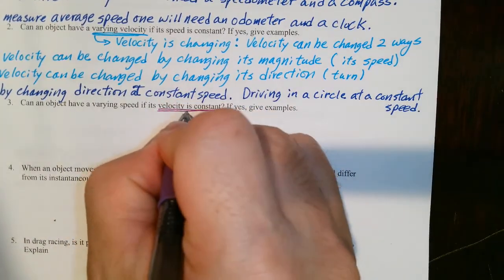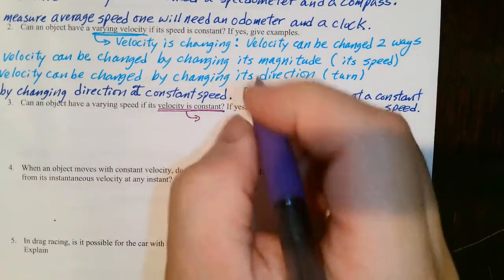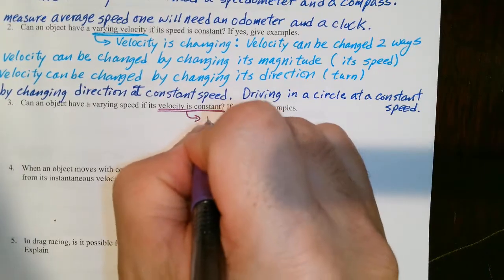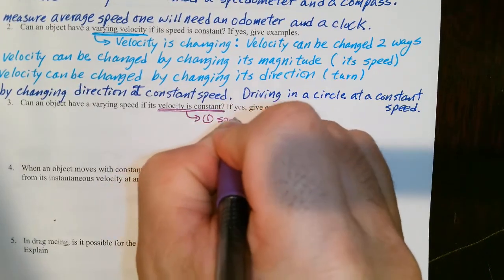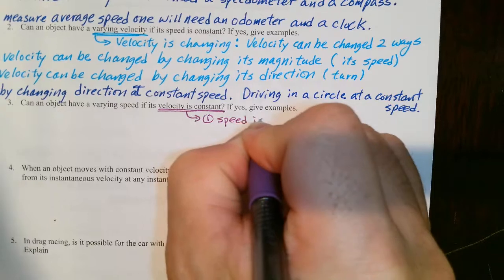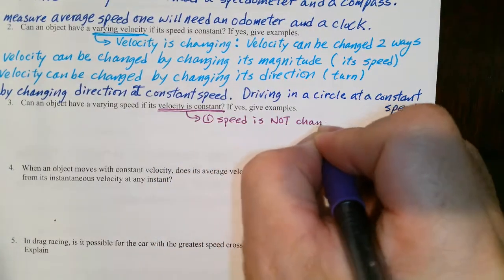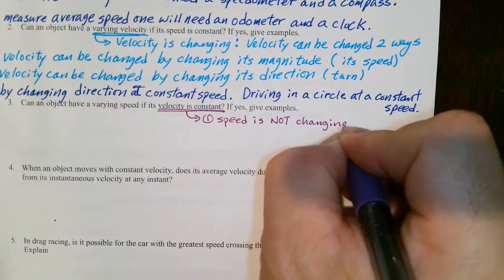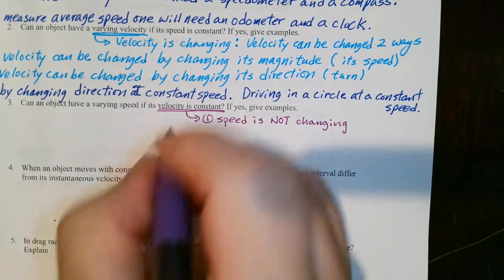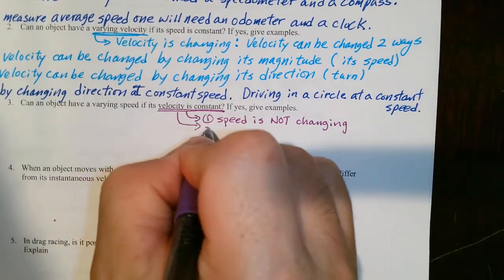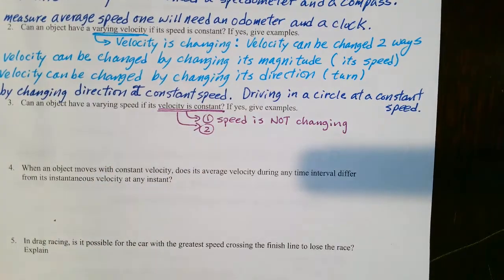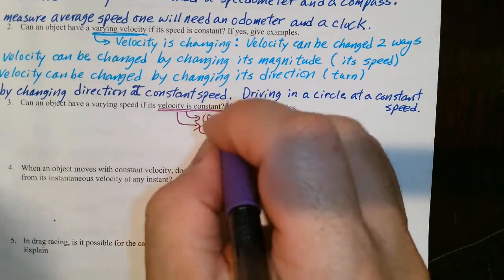Constant velocity means, one, speed is not changing, and two, the direction is also not changing.